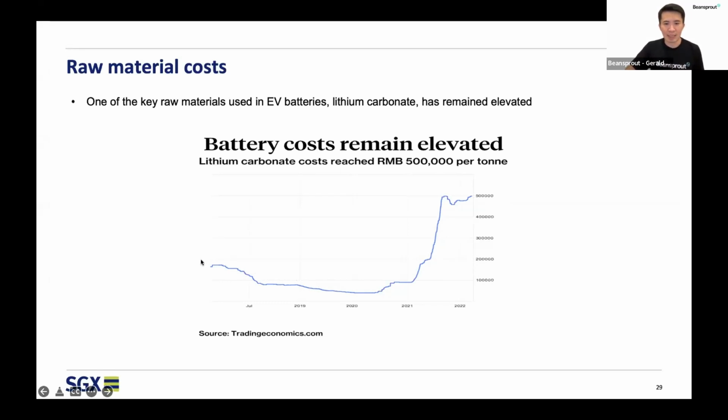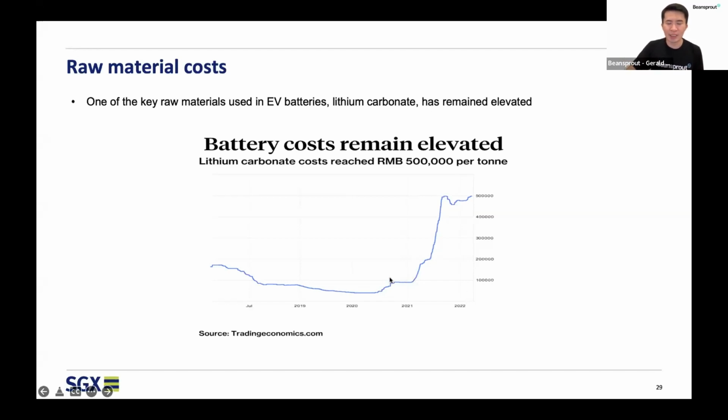What you see here is that from 2018, 2019, 2020, the price of lithium has actually been coming down. So this has actually helped to drive the adoption of electric vehicles because as the price of lithium comes down, the price of battery also comes down. And with that, effectively, the price of the entire EV also comes down. So that's made EV more competitive in terms of the pricing rather than a conventional vehicle.